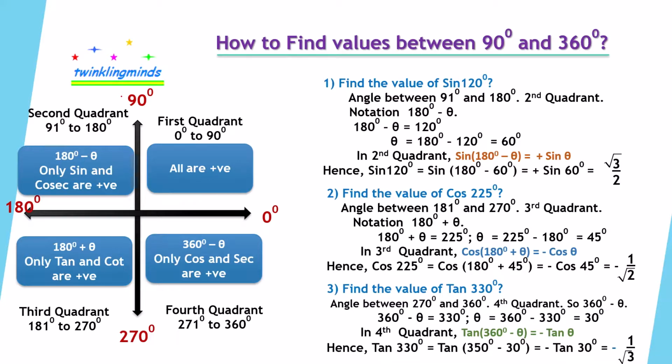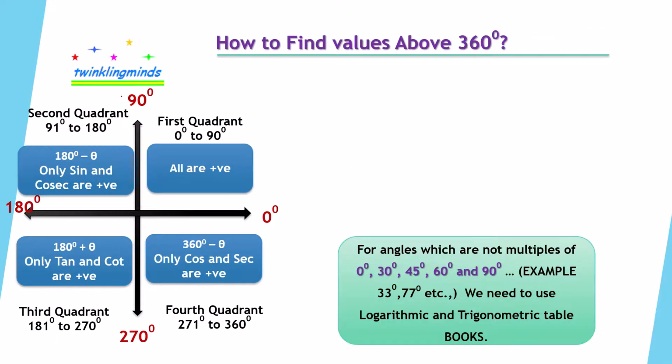Like this, we can find the values of all the trigonometric functions between 0 to 360 degrees, but we can only find values of the angles which are multiples of our 5 angles: 0 degrees, 30 degrees, 45 degrees, 60 degrees and 90 degrees.